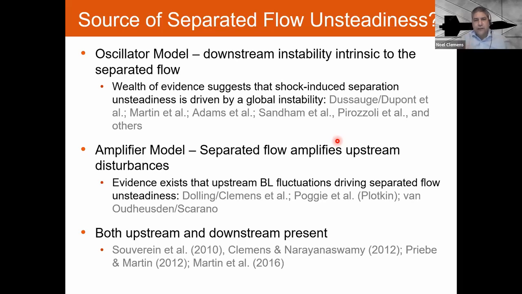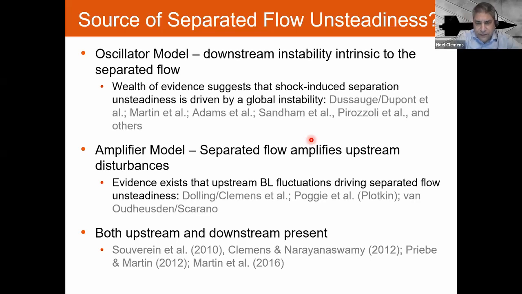Okay, having said that, there actually is evidence that the amplifier model is important, and the question is, well, where is it important? Is it important in all cases? The evidence does exist that the upstream boundary layer fluctuations do drive at least the separated flow unsteadiness. This is associated with our group and Poggi et al, and then the group at Delft. Although I'm not attributing this view to them, they did have experiments that demonstrated what I'm saying.